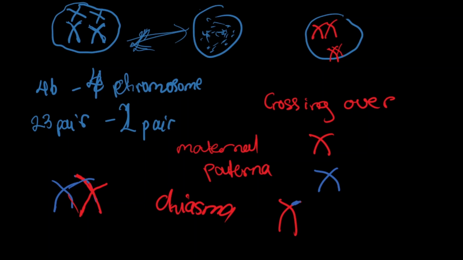The blue arm, a part of the blue is now stuck to the red, and for the blue we have here, a part of the red is now left on it. Now this crossing over is what allows for genetic combination and variation in general. So this is an importance of meiotic division, as we would see. Okay, so this is what happens in prophase.